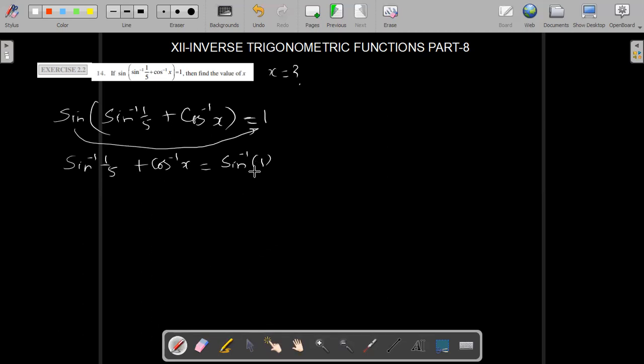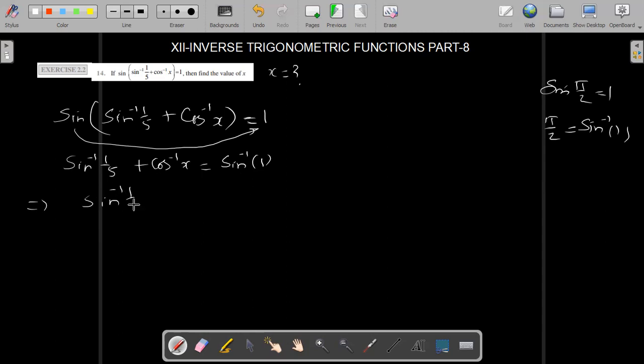Therefore, sine inverse 1 will be equal to 90 degree. You can remember it by sine 90 degree equals 1, therefore 90 degree equals sine inverse 1.